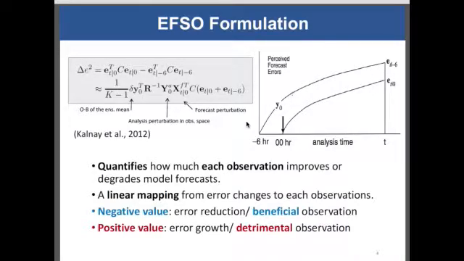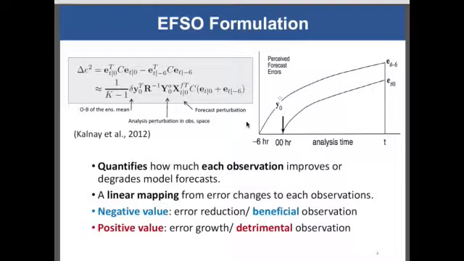So what EFSO does is that it projects the forecast error changes from this verification time back to the observation time, and then attributes them to each individual observation. So that's how it evaluates the impact of observations efficiently.